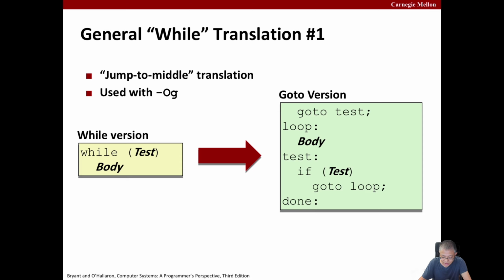So here is another example, for the while statement. The difference between do while and while is that do while will always execute the body of the loop at least once. But the while may or may not execute the body, as decided by the test condition.